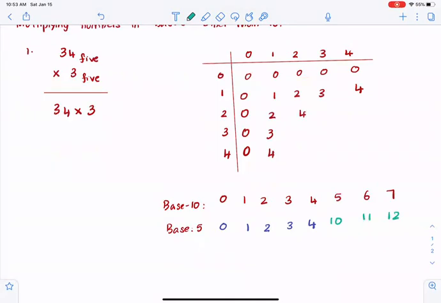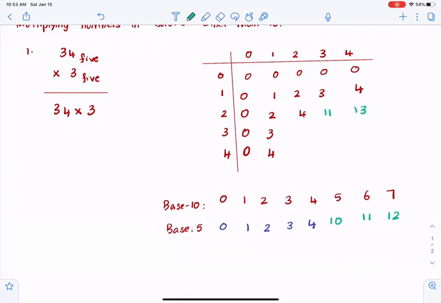And 10 we cannot represent because we will exceed the required base. So let's see if we can fill the table up with what we have. 2 times 3 is 6, but 6 would correspond to 11. 2 times 4 is 8. 7 is 12, so 8 must be 13.